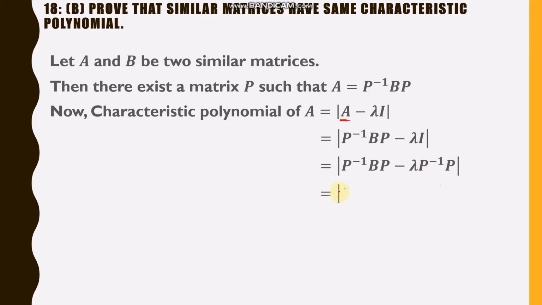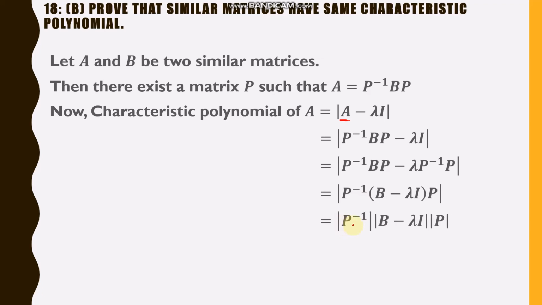Next, what we can do, we can take P inverse common from here and P common from here to the right side. So P inverse taken common on the left side and P taken out common on the right side. Now we can take the determinant separately.